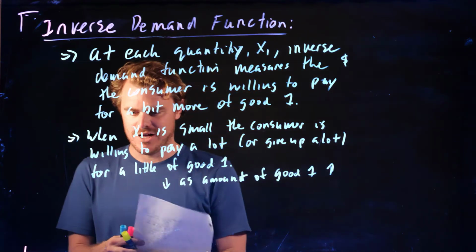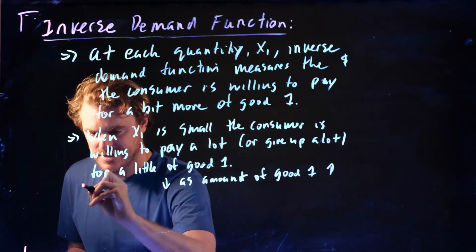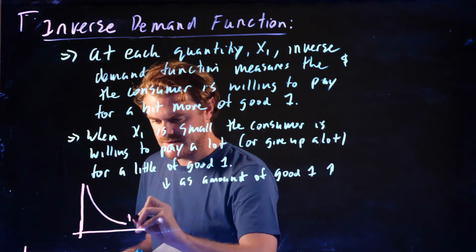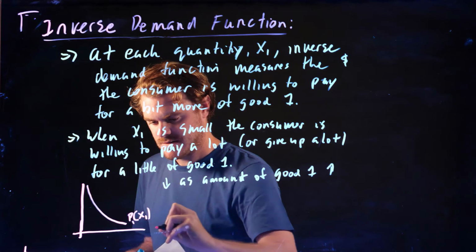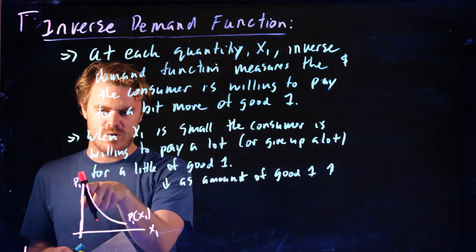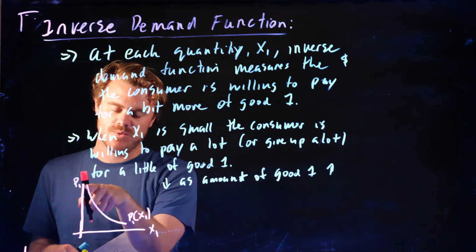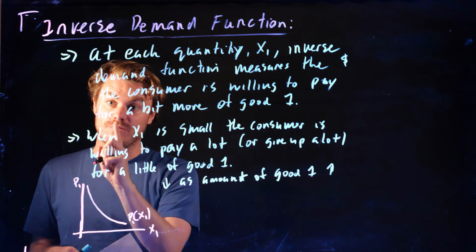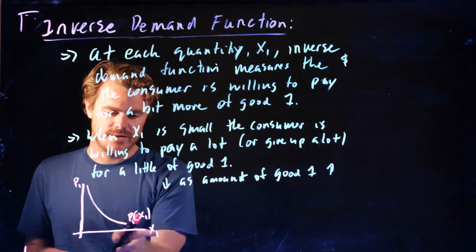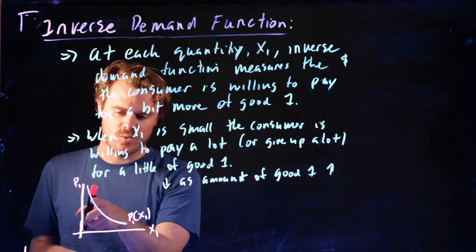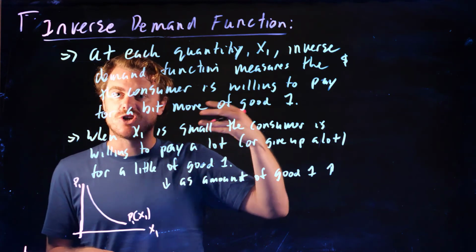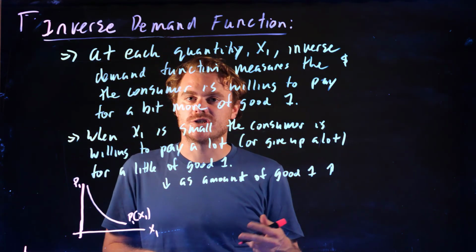I'll draw a tiny little diagram here of this inverse demand function. With low levels of x1, they're willing to pay a lot for a little bit more of good one. x1 is the amount of good one. But then as we increase the amount of good one, as we move along this axis, their willingness to pay is going down. So that gives us a nice interpretation of what this inverse demand function is really capturing.